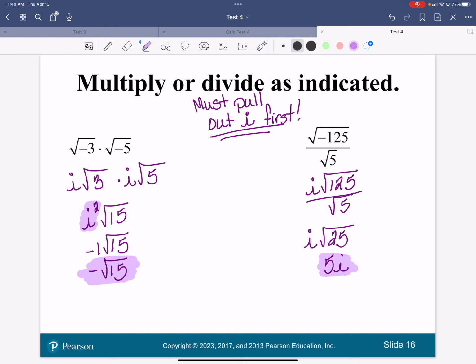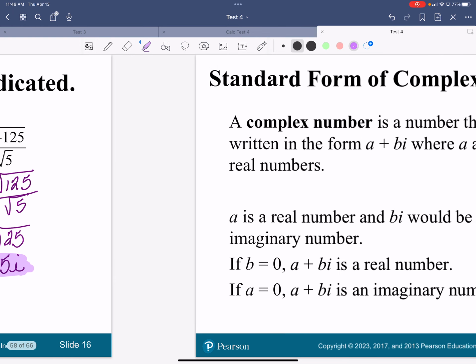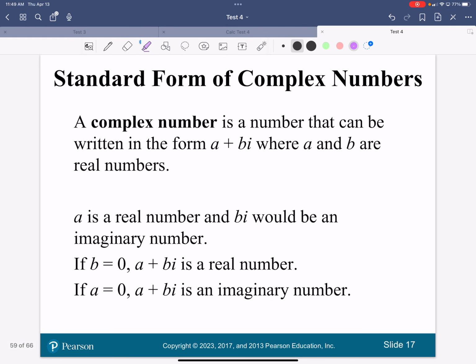Okay. So that is our imaginary number i. Now what we're going to do is talk about a complex number. A complex number is where I have a real number, which is this first whole number, integer, fraction, rational.